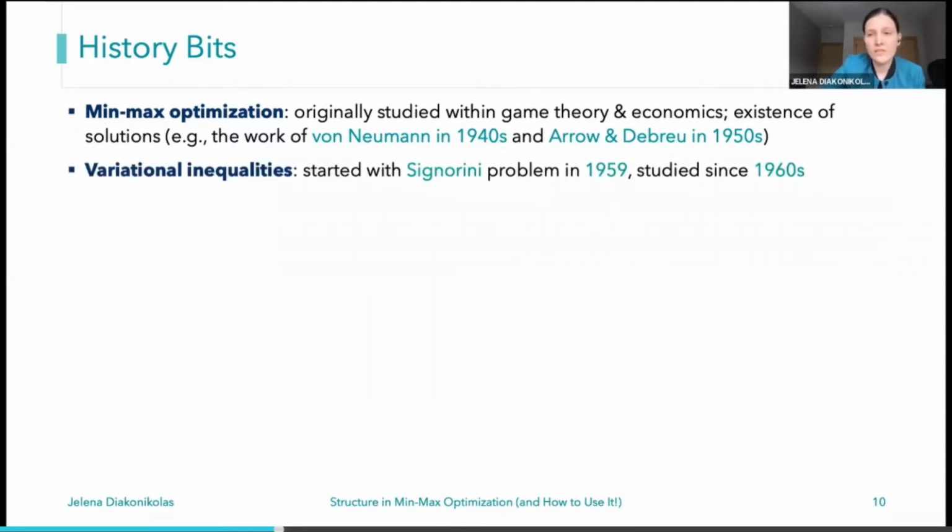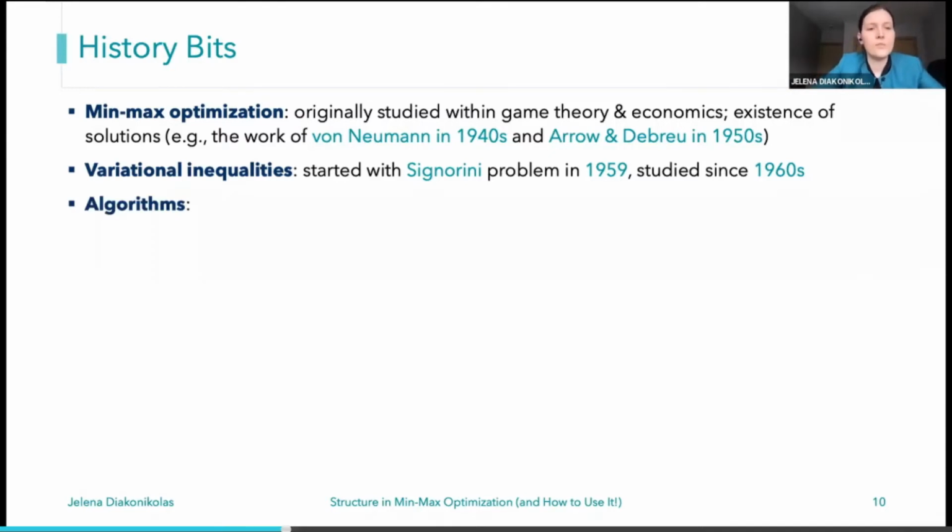Variational inequalities started with something known as the Signorini problem and have been studied since the 1960s or so. And these were equilibrium problems, so completely separate from game theory and optimization. But very early on, people realized these connections, and when they were coming up with algorithms, they would just attack both problems at the same time because they could.